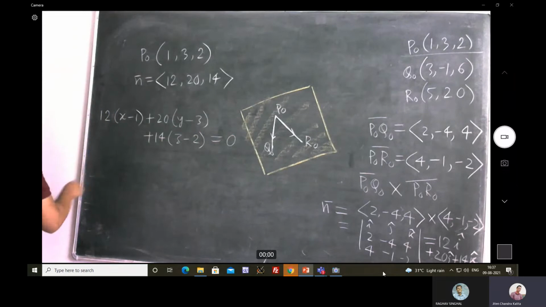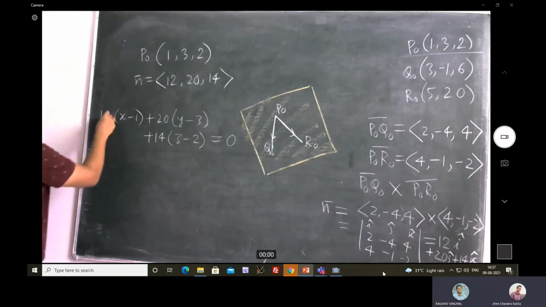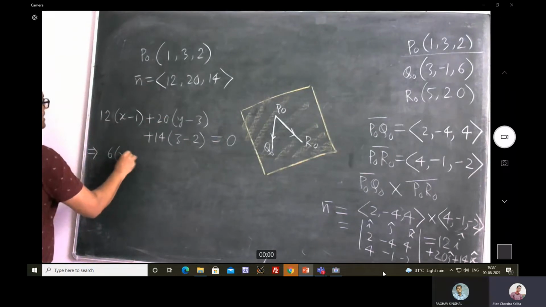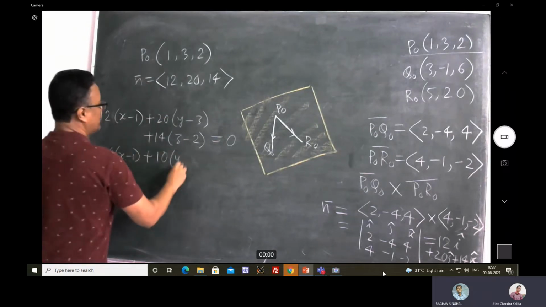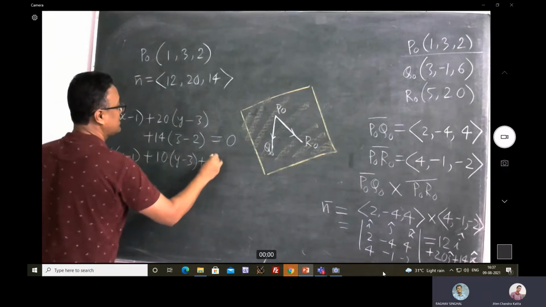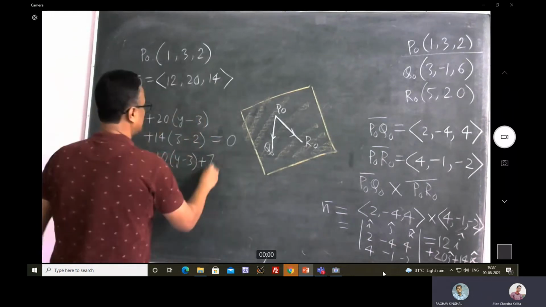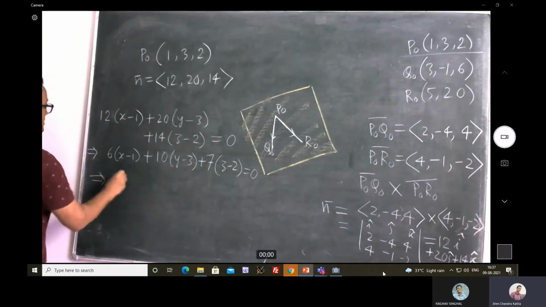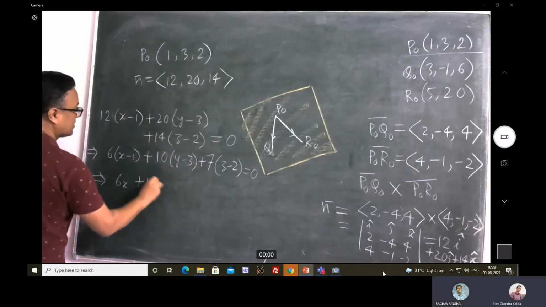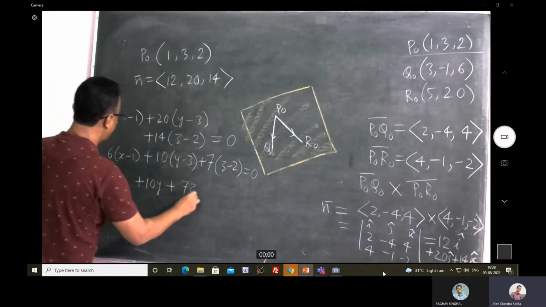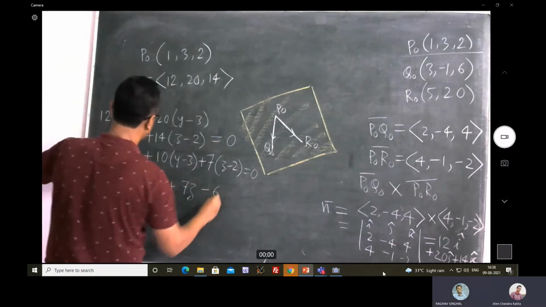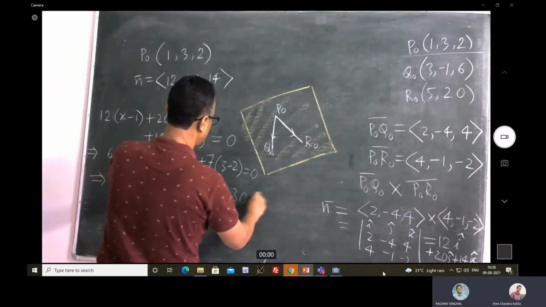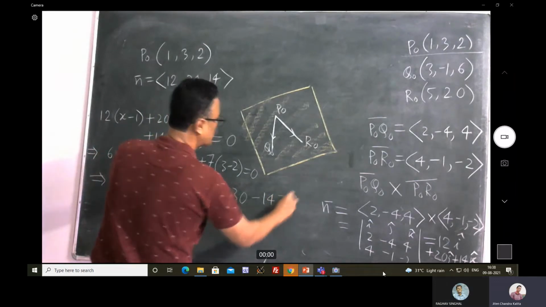In the next line, this is a multiple of 2, so 6(x minus 1) plus 10(y minus 3) plus 7(z minus 2) equal to 0. This means 6x plus 10y plus 7z, minus 6, minus 30, minus 14, equal to 0.